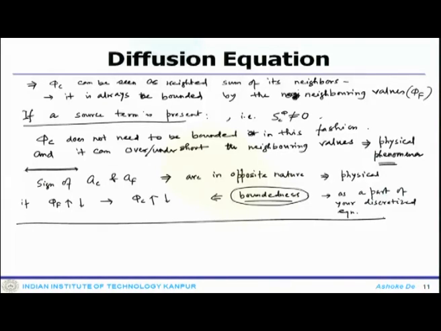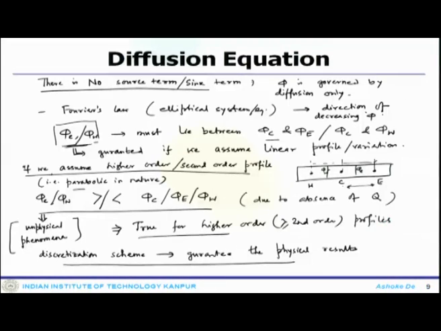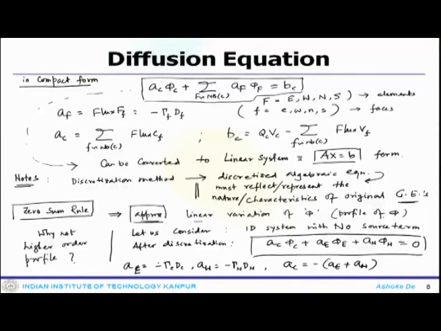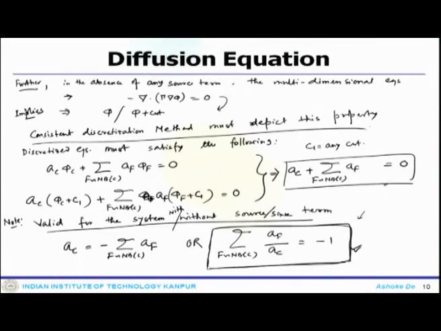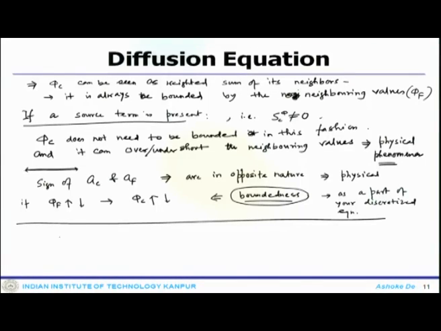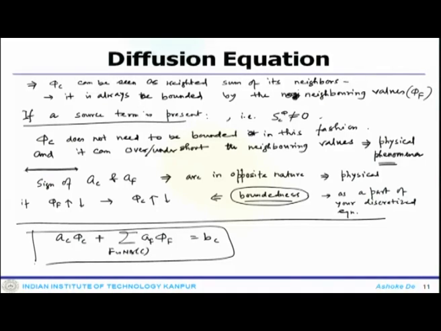Now, once you get that discretized system, if you just go back, this is my system: AC phi c plus the summation over neighbors of AF phi f equals BC. That is my discretized equation system.